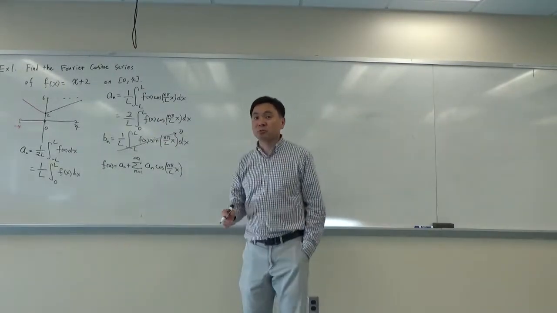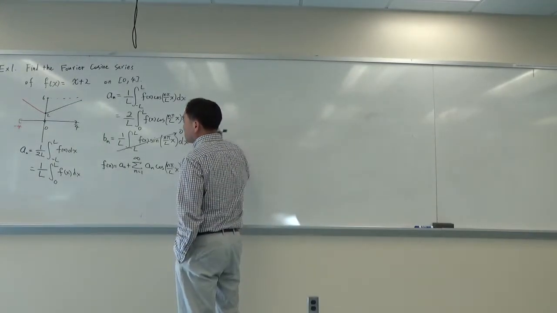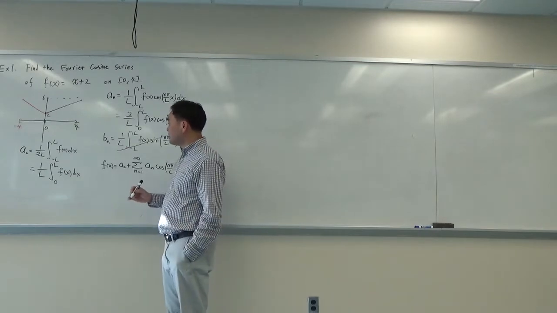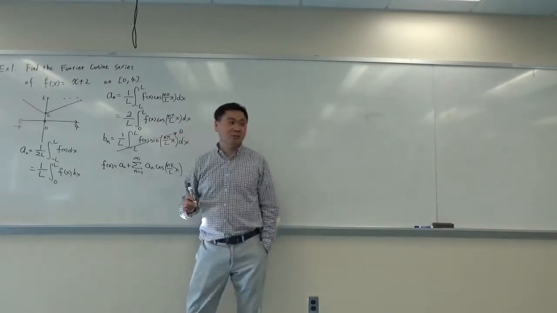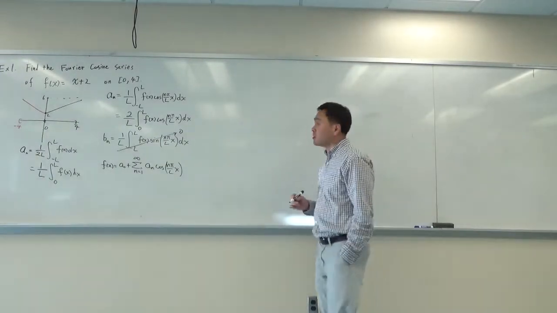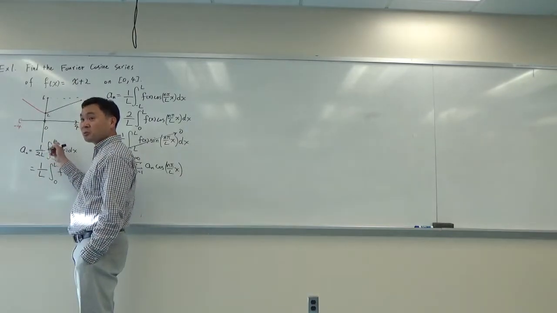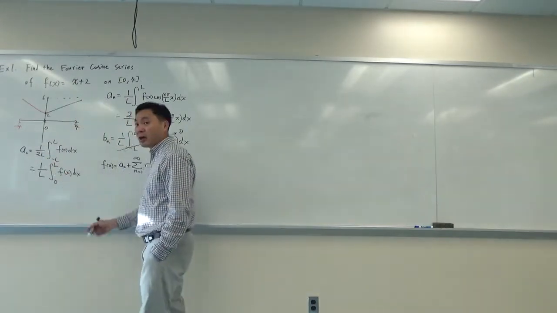Now let me actually use these formulas to calculate. But in order to use this formula, we actually have to know what L is, right? What's L for us? 4, right? Because it's from 0 to 4, and this is for 0 to L. So our L should be 4.